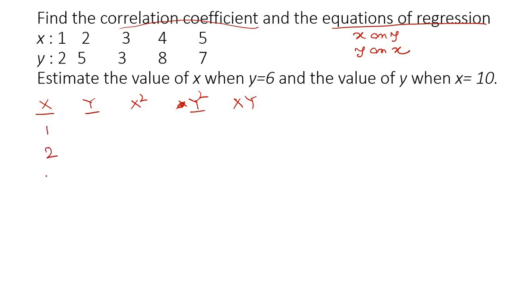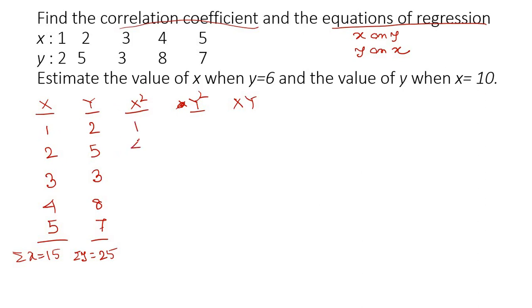We have 1, 2, 3, 4, 5, the serial, and then x is 2, 5, 3, 8, 7. We require summation x; I'll just add up, it's 15. Summation y adds up to 25. Then the x square column: 1 square is 1, 2 square is 4, 3 square is 9, 4 square is 16, 5 square is 25.